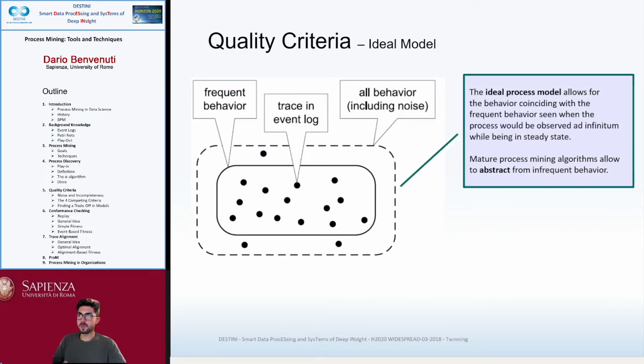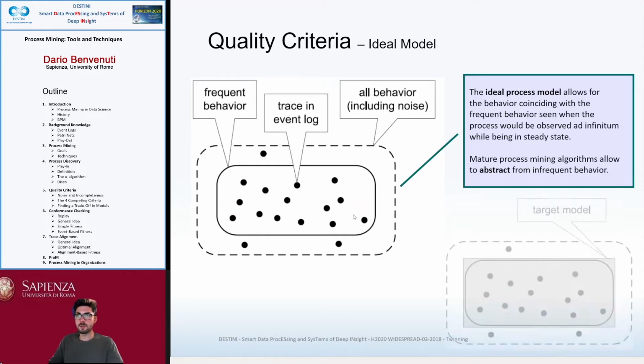So here we can have a picture of this idea. We can see in the picture that the traces in the event log are in general a subset of all the behavior, which includes the noise, which is this other subset, which is between the bigger rectangles and the inner ones.